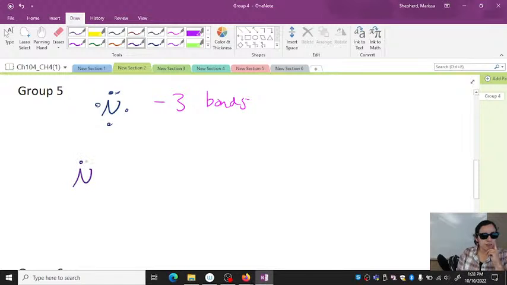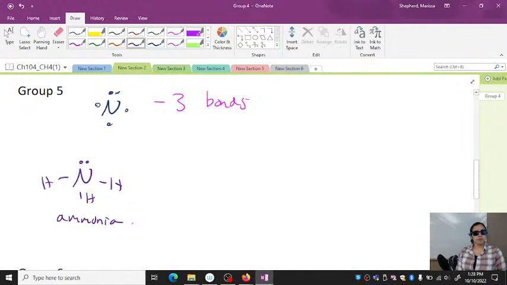The characteristic compound is ammonia. This also tells you more about the group, so we can tell that it's reactive. We have these lone pairs, so they're still primed to attack. Of course, ammonia is a really strong cleaning agent.